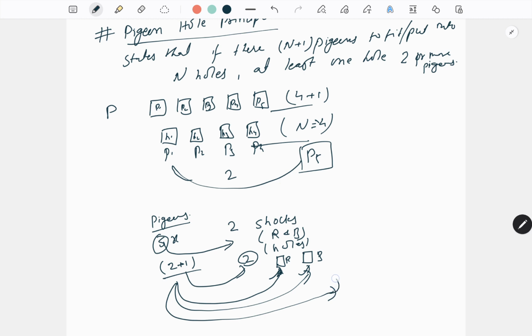If it is black, you will put it here. If it is red, you will put it here. So you will get a pair of socks if you draw a minimum of three socks from the cupboard.